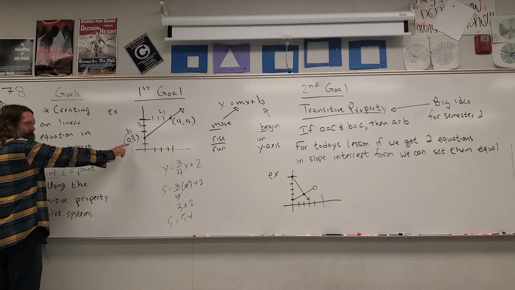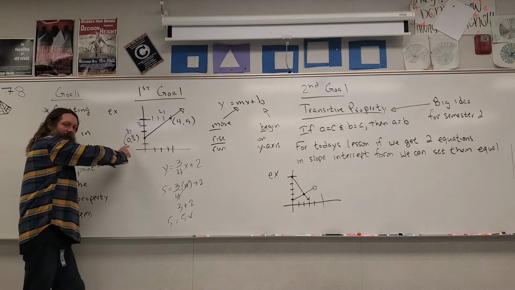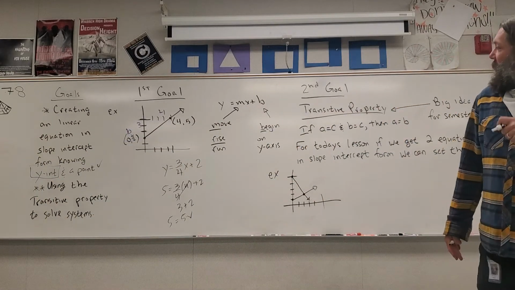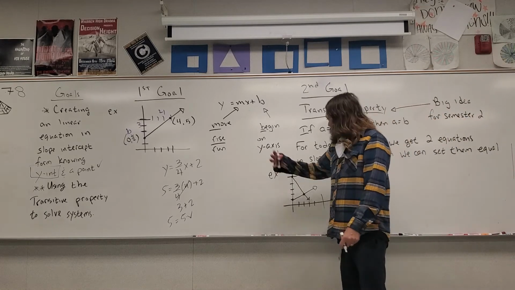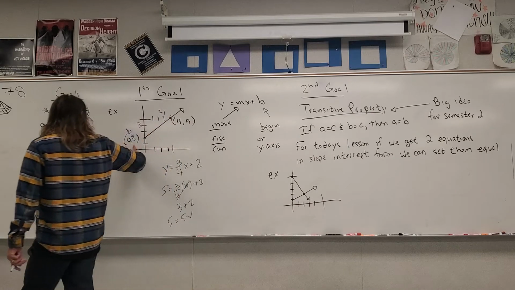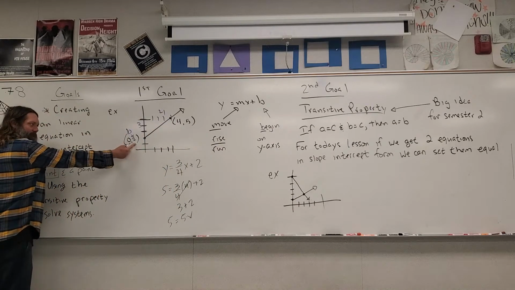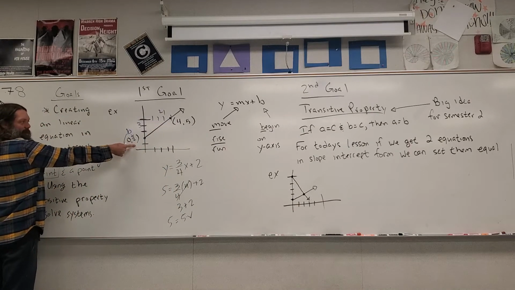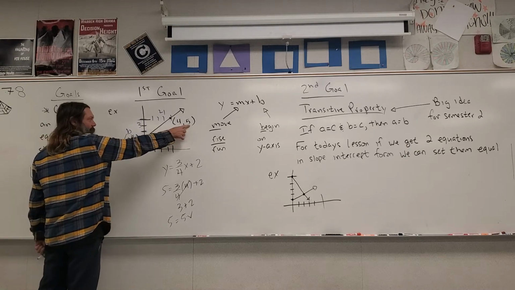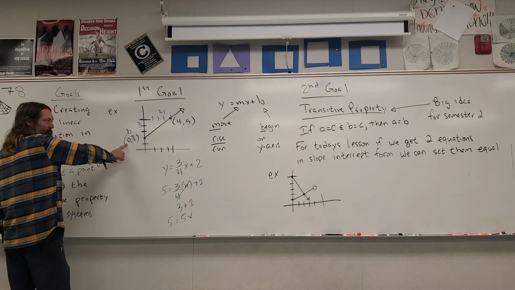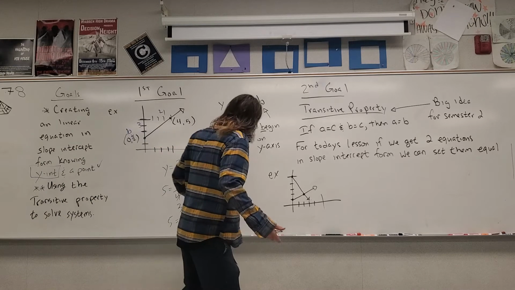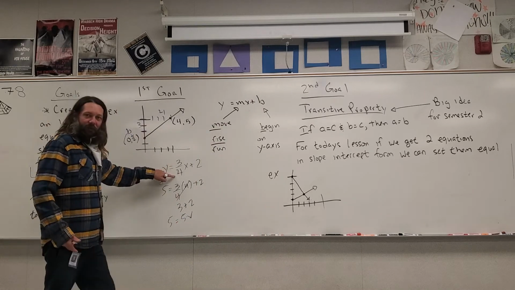And remember, the y-intercept has an x value of 0, so maybe you get a y-intercept in a problem, and instead of going through our table and plugging in the formula, if you recognize that one of the ordered pairs has a 0 for the x value, just use that as your y-intercept and figure out how far you have to rise to go from your y value to the other y value. That was a 3, and how far you have to run to go from your x value to your other x value. Your rise was 3, and your run would be 4.